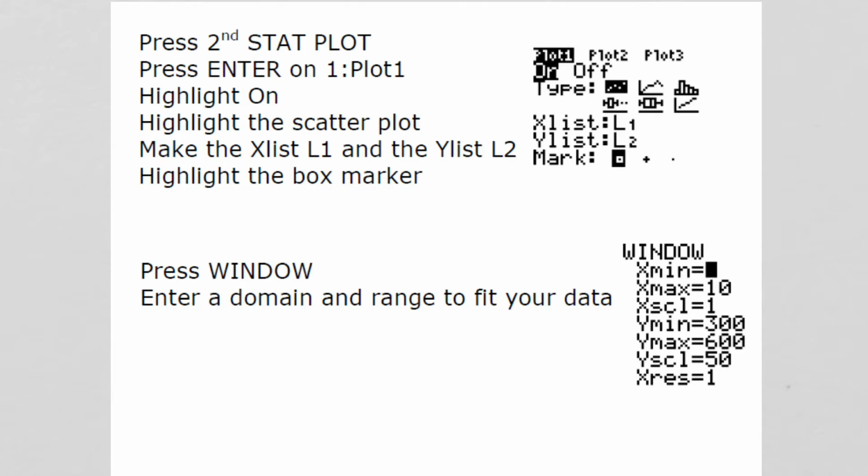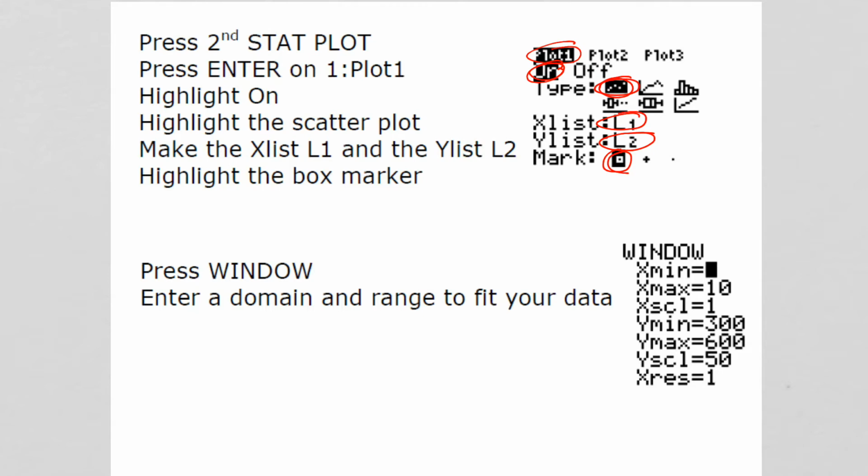So you want to make sure that your Plot 1 is on, that you've got a scatter plot highlighted, not one of these other pictures, that your X values are under L1 and your Y values are under L2. And we usually use this little square to show your points.